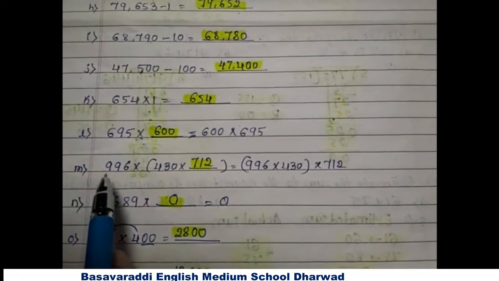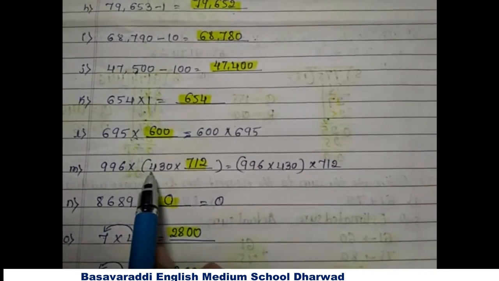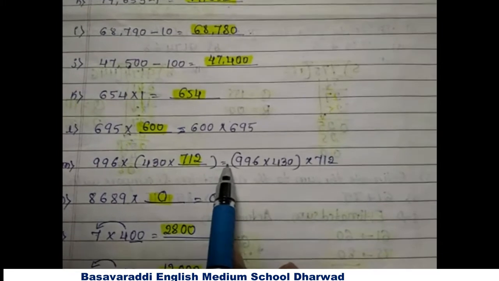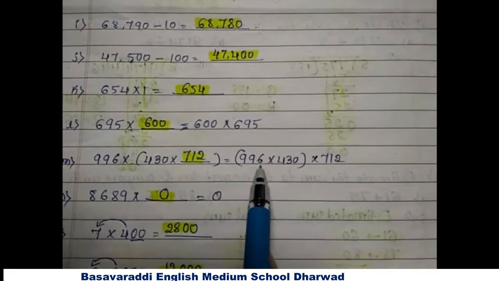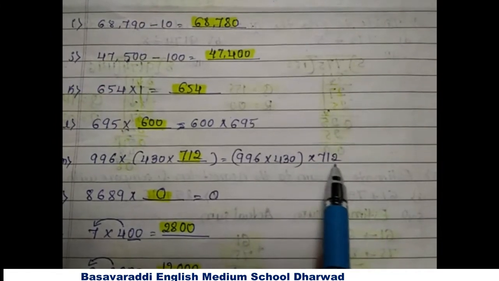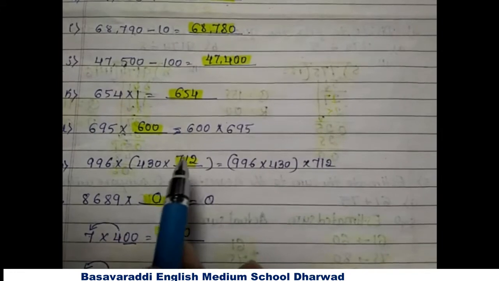Next, M: 996 into, in the round bracket, 430 into dash, round bracket complete, is equal to 996 into 430 in the round bracket into 712. Just apply the same kind of property there, the grouping property.